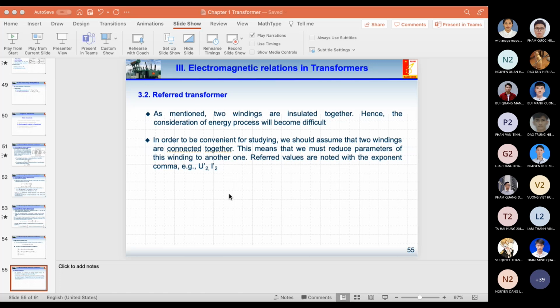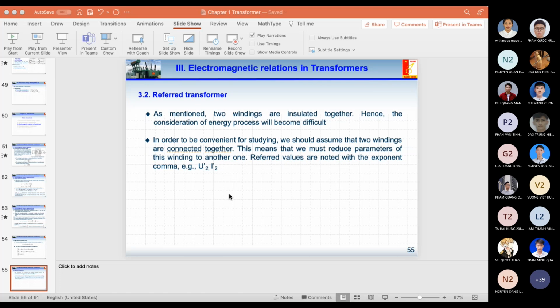Now we have to imagine that we connect the secondary winding to the primary winding. For doing that, we have to consider the voltage level of the secondary winding equal to the voltage level of the primary winding. If the voltage levels of the two windings are different, we cannot connect them together.